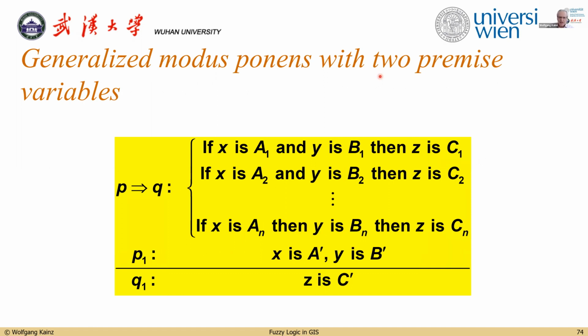On the next slide, we have two premise variables as we had in our examples before. If x is A and y is B, then z is C, and so on. As you can see here, the number of rules is arbitrary. It depends on your system, on your model, how many rules you have, and of course, whether the rules make sense or not is up to some expert knowledge.